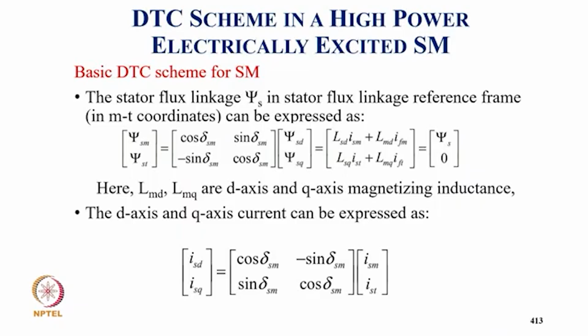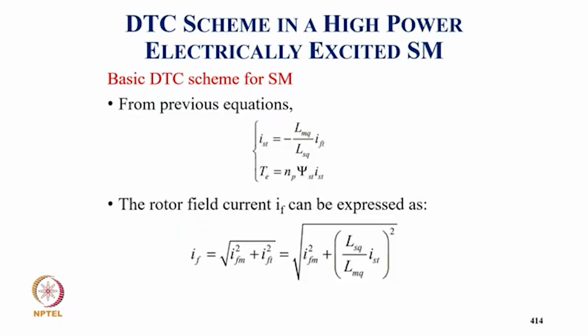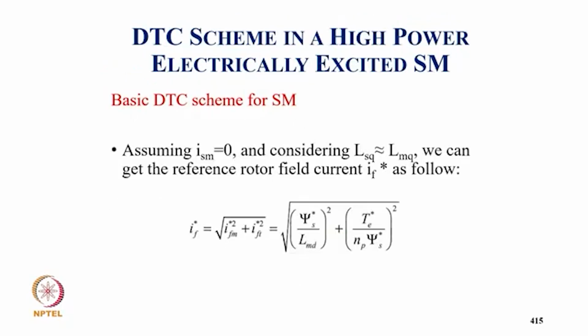So here LMD, LMQ are the D axis and Q axis magnetizing inductances, and the DQ axis current can be written as a rotation matrix, cos delta, minus sin delta, sin delta, cos delta, times ISM, IST. From the previous equation, IFT equal to minus LMQ upon LSQ IST, and T equal to NP psi SM IST, and the total field current is IF equal to the square root of IFM square plus IFT square, equal to IFM square plus LSQ upon LMQ times IST square.